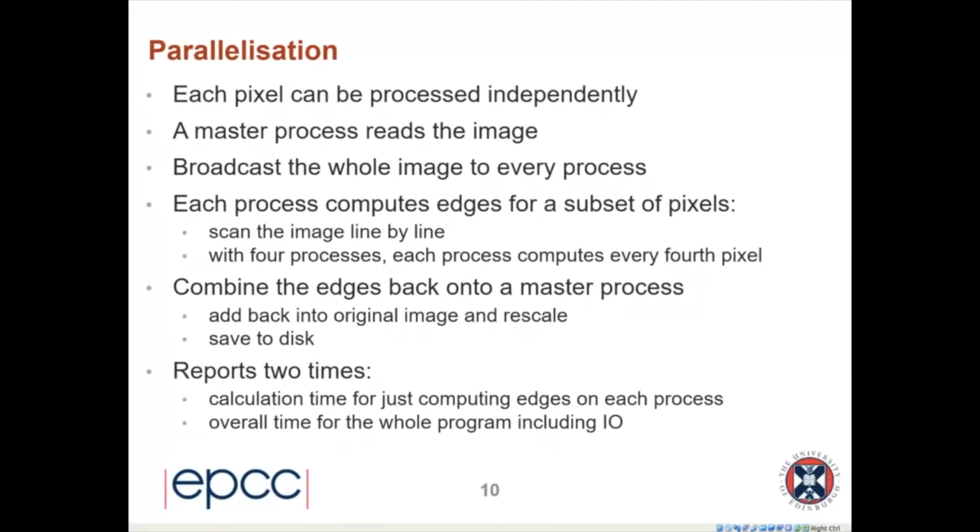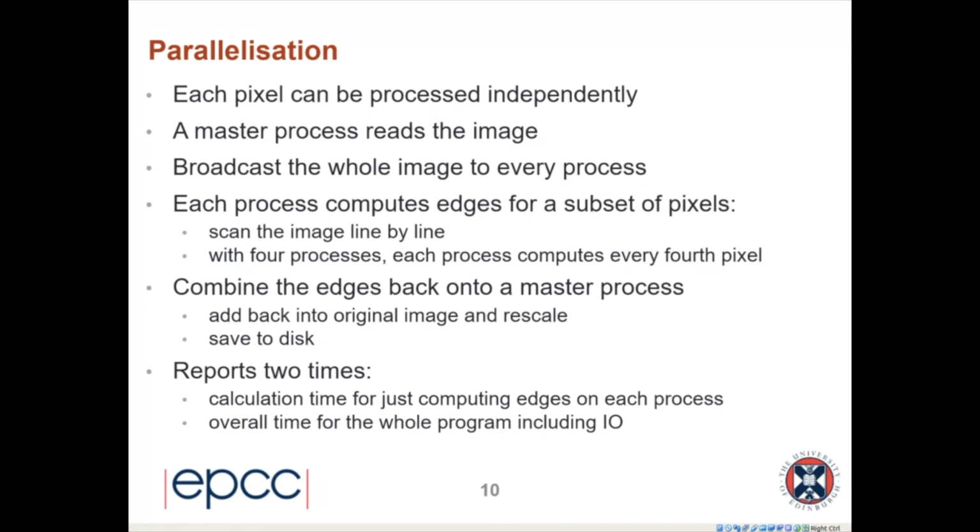It broadcasts the whole image to every process, just to make things simple. So every processor has a copy of the entire image, but each process analyzes a subset of the pixels. The way I do that is that we scan the image line by line, and with 4 processes, each processor computes every 4th pixel.